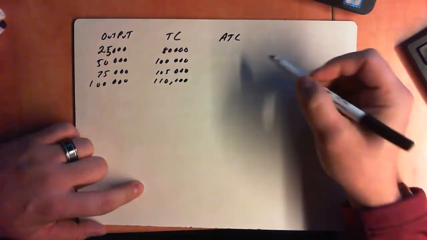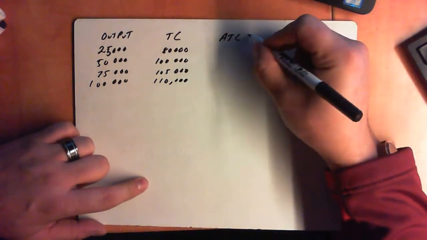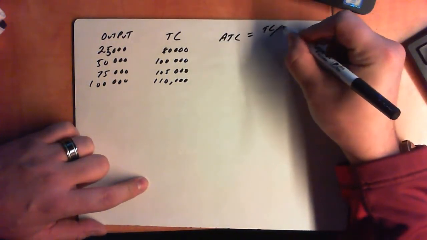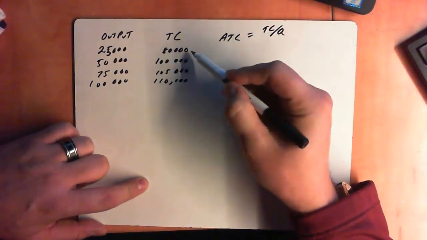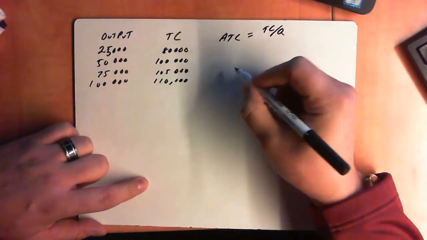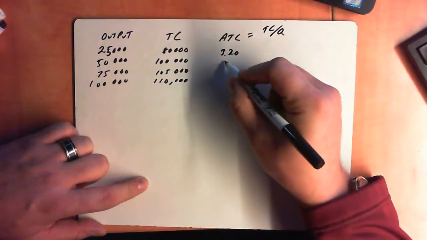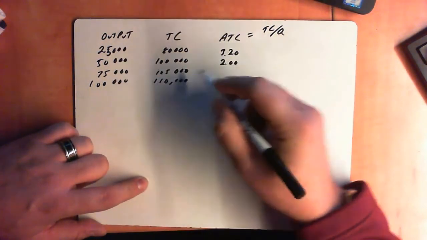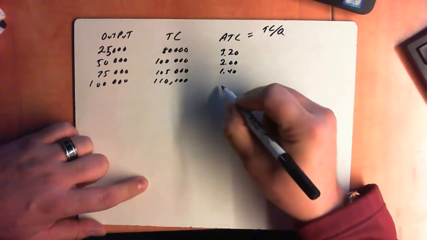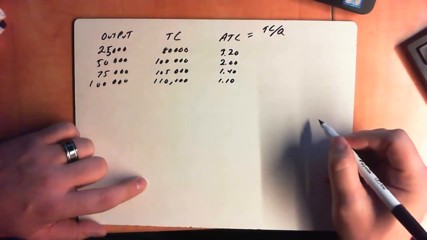And so what they're asking you to do is again find the average total cost. Remember, your average total cost is simply your total cost divided by your quantity. 80,000 divided by 25,000 is equal to $3.20. 100,000 divided by 50,000 is equal to $2. $1.40, and $1.10.